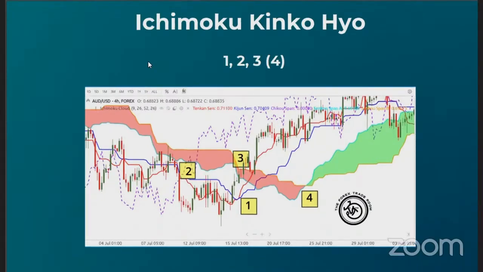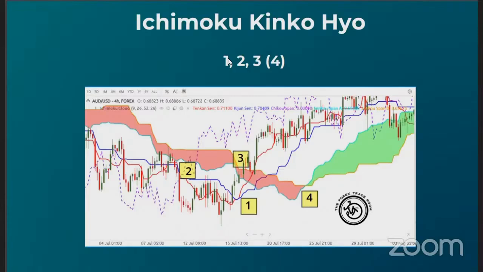Right. I think I need more reference points, because on my notes I have the TK crossover and the Chikou Span crosses price. However, I think what I need is to add the color next to when it happens, so I can have a better visual.